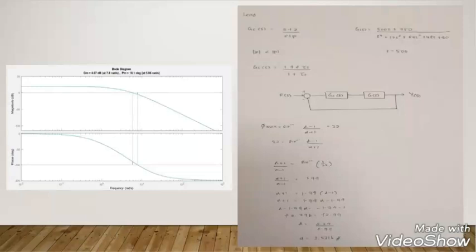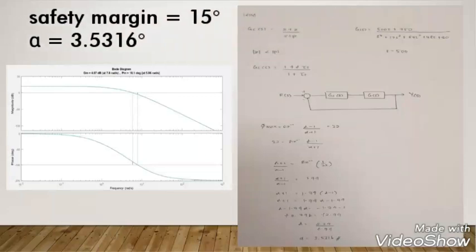How do we get 32? It means 18 plus 50. The 50 is the safety margin. The safety margin is compulsory, plus 15 degrees for the phase margin, to get alpha. Then you calculate and the answer for alpha is 3.5316.